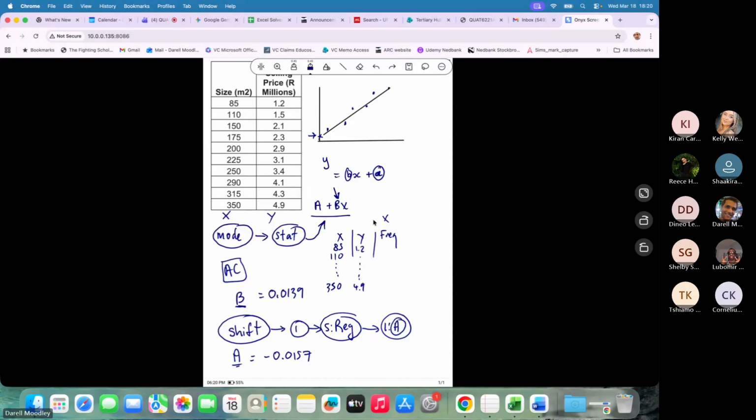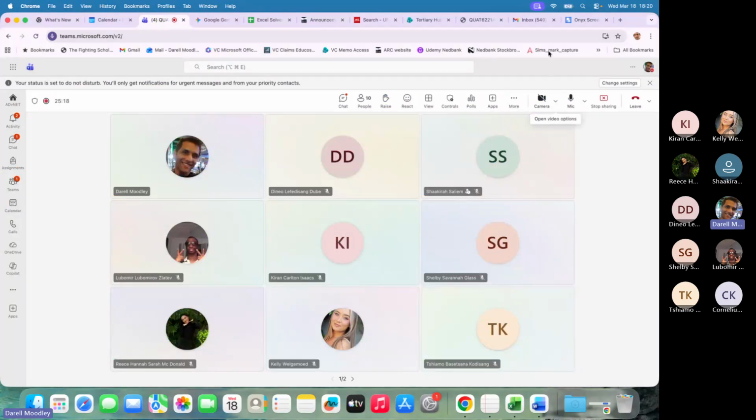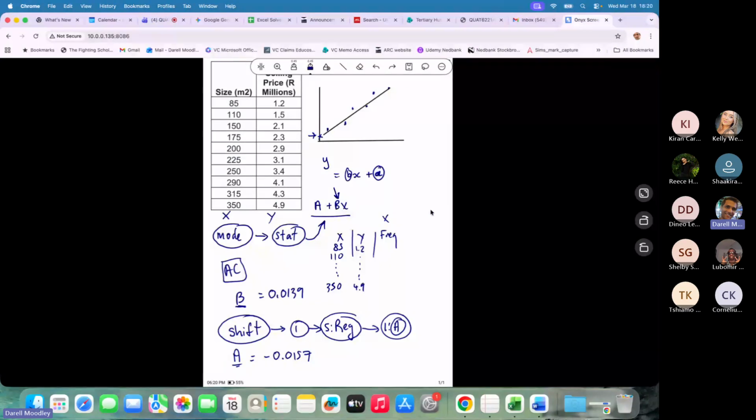Let's check if there are any questions. I'm hoping everything's okay, but just shout if there are any questions. So you've got your A and B, and now what you need to do is write out the equation. You've done the hard part.